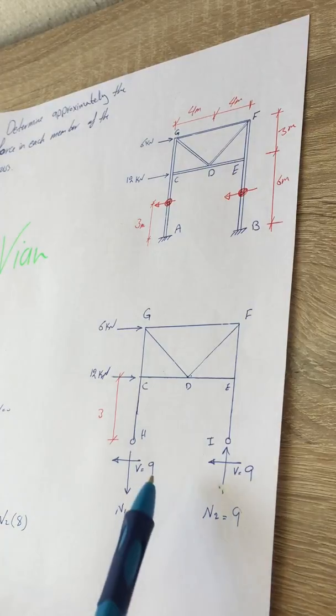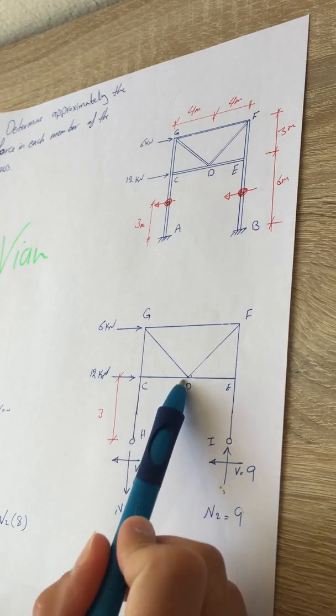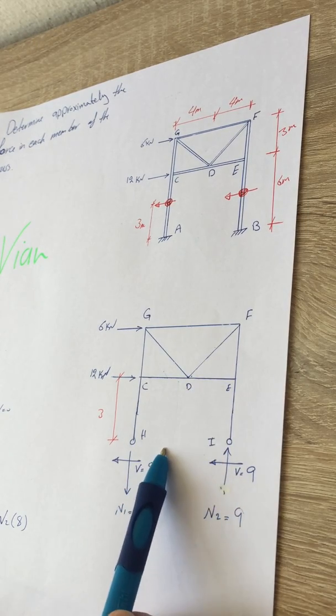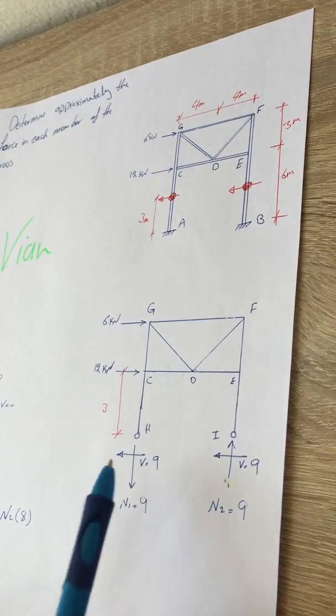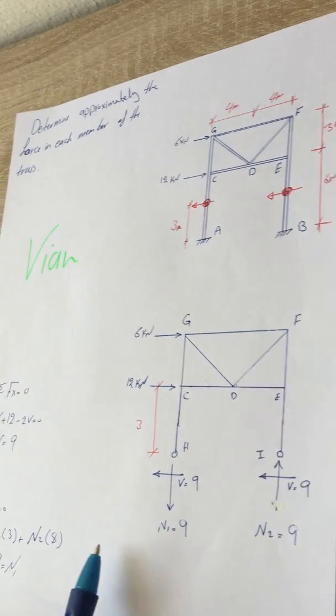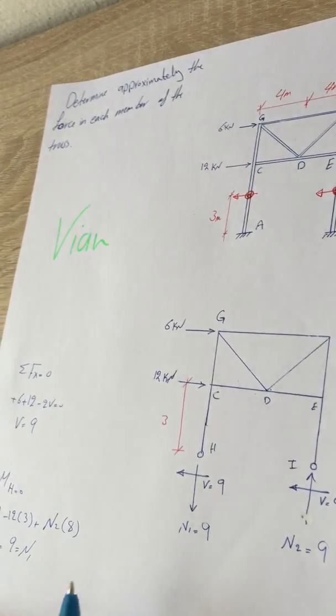How am I going to do that? I have 1V here because it's on these sides. For example, if I had another column in here, it's going to be 2V, but for this case, it's never going to happen. It's very rare. So I say here's V and here's V. Summation of X I'm going to take for this frame that I cut.